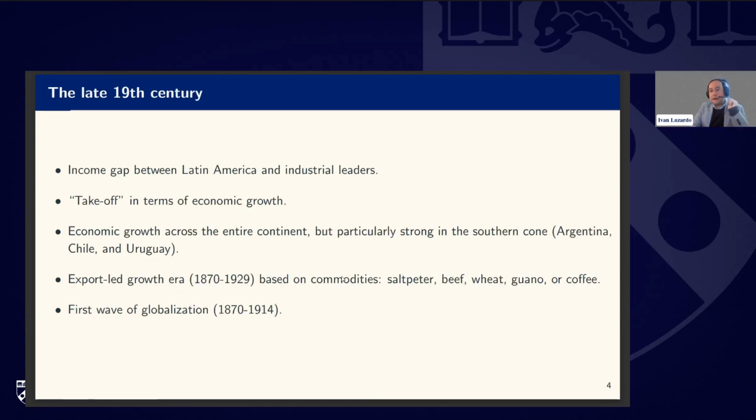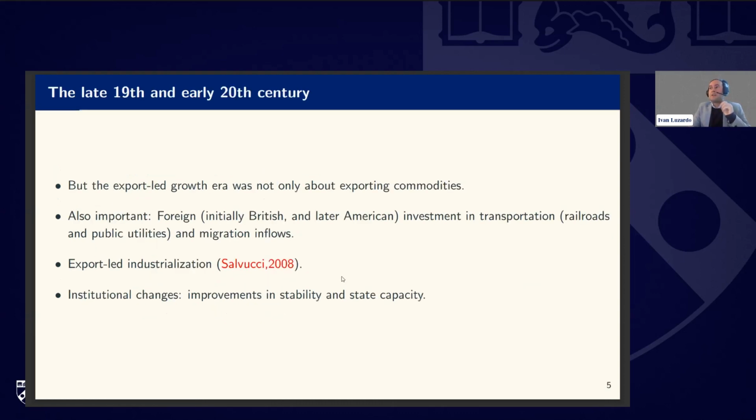So commodities are essential to understand what is going on here, but it was not just about commodities. It was not just about international trade, as I mentioned before. We have an additional challenge: how the global economy could have an impact on Latin American economies. We will talk also about financial integration.